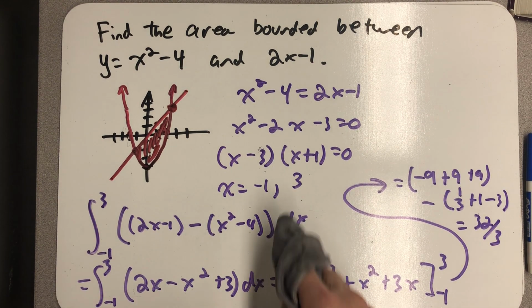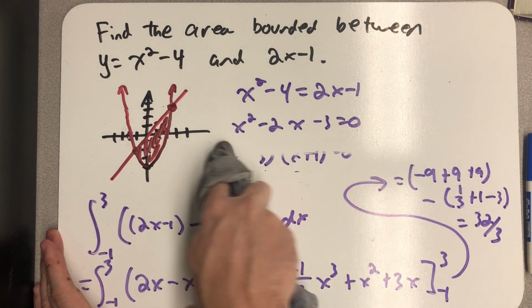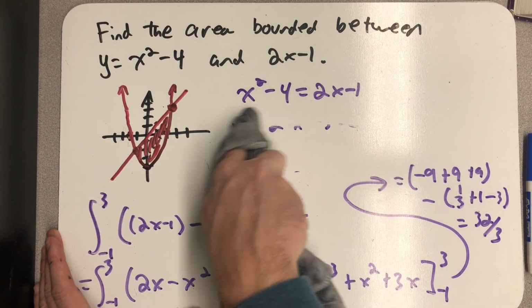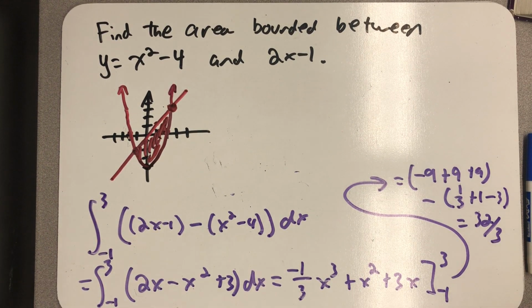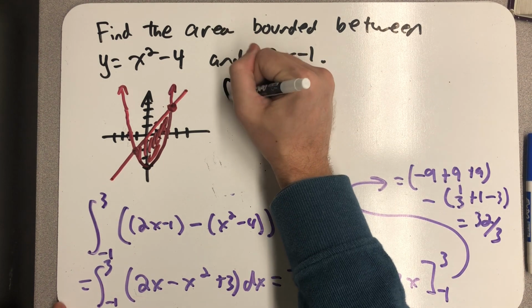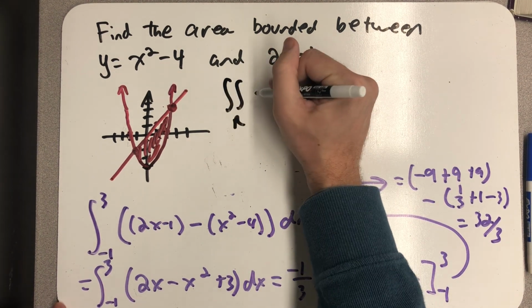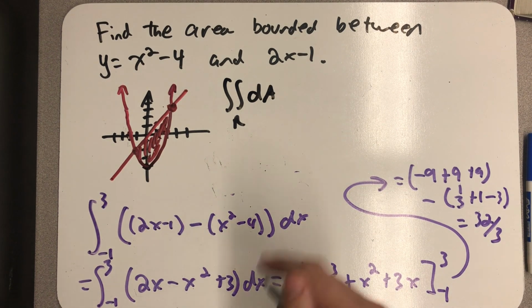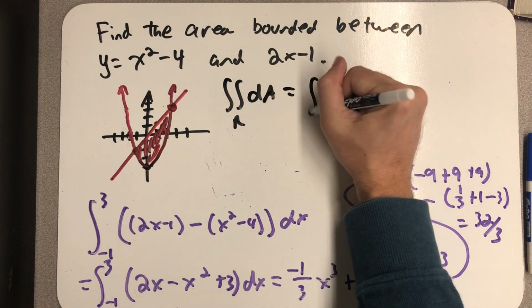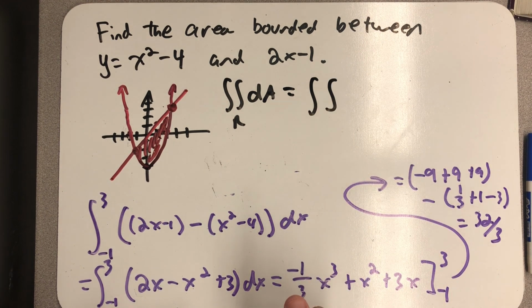And this time, I'm going to set it up using a double integral. So the area I'm looking for should be this double integral, where that's my region R. Fubini's theorem says I get to choose an order of integration.